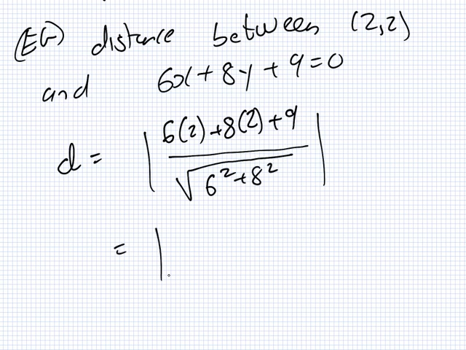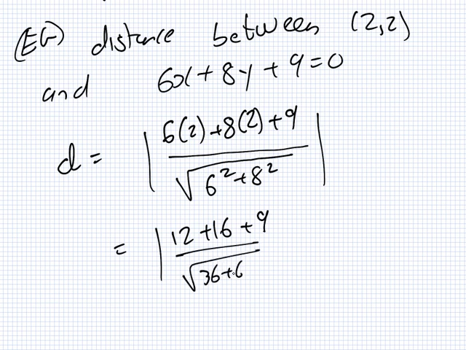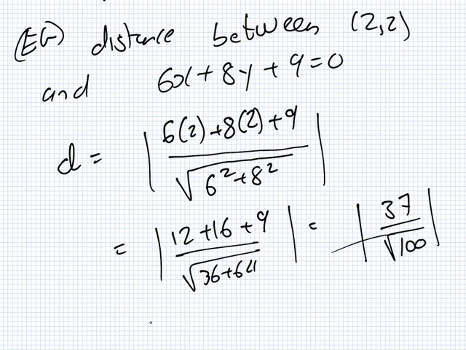So that is absolute 12 plus 16 plus 9 over square root 36 plus 64. 12 and 16 is 28, isn't it? 28 and 9 are 37 over square root 100. So this is obviously then 37 over 10, which is 3.7 units.